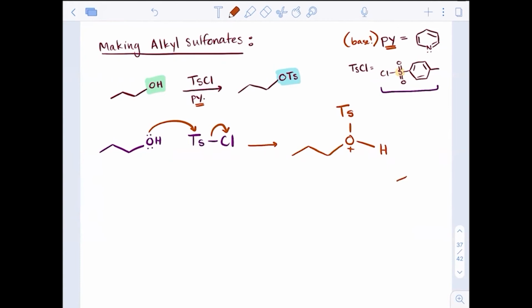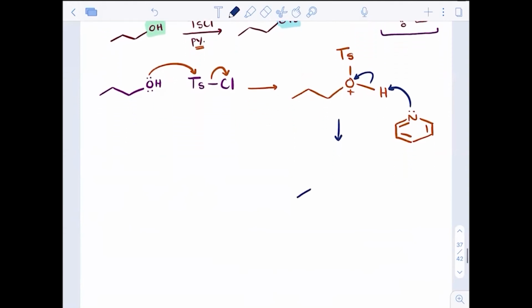That base is there to deprotonate our oxygen, to make sure that our oxygen can be a better leaving group, to be the tosylate group, OTs. We get a protonated pyridine as a conjugate acid.